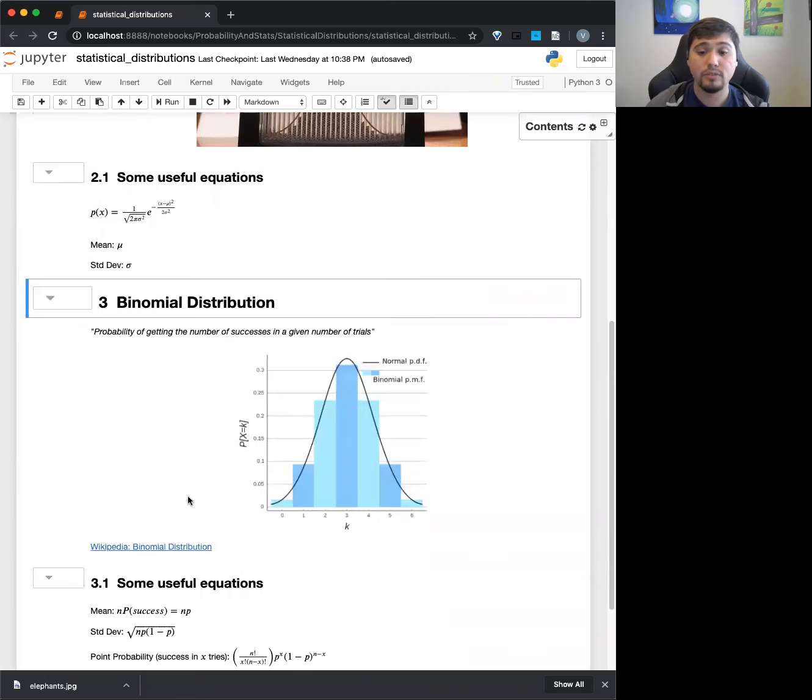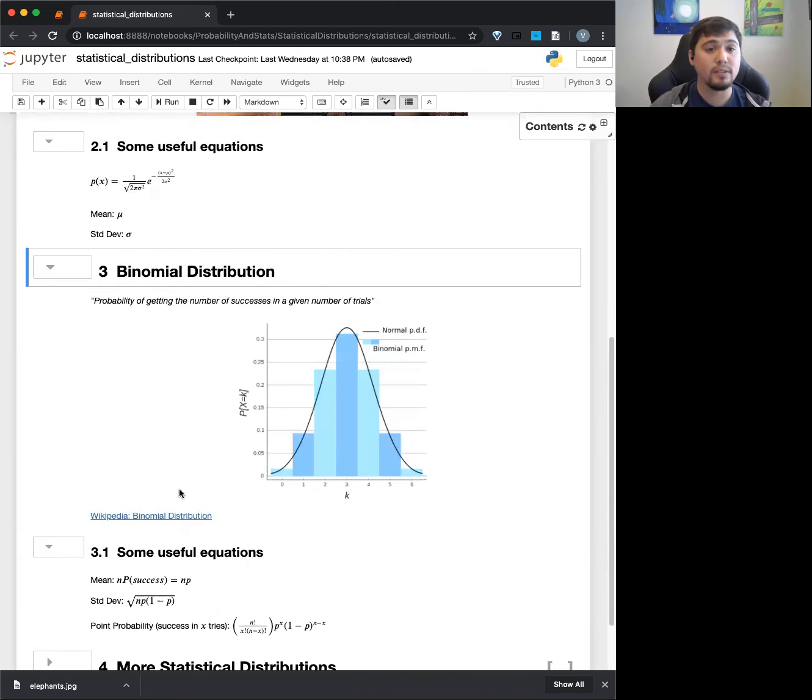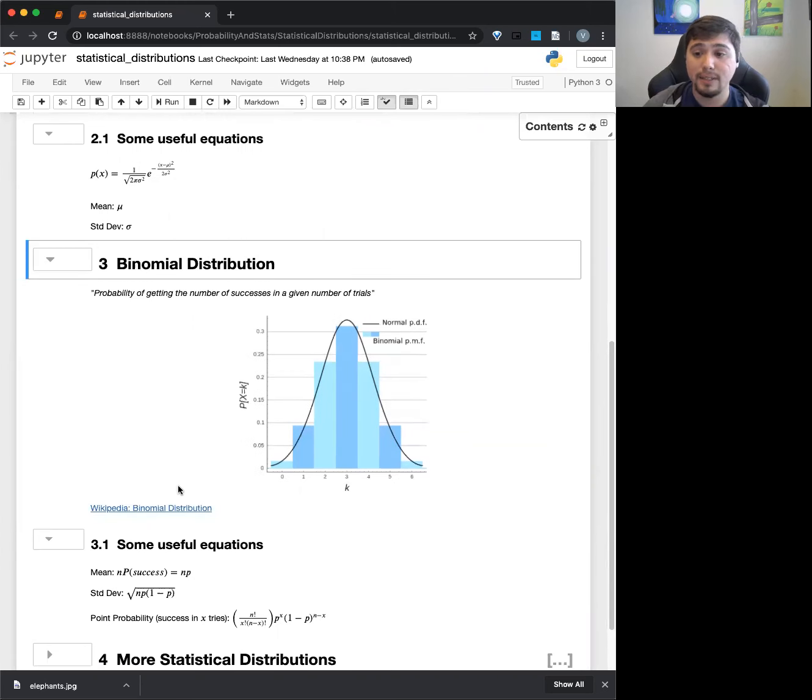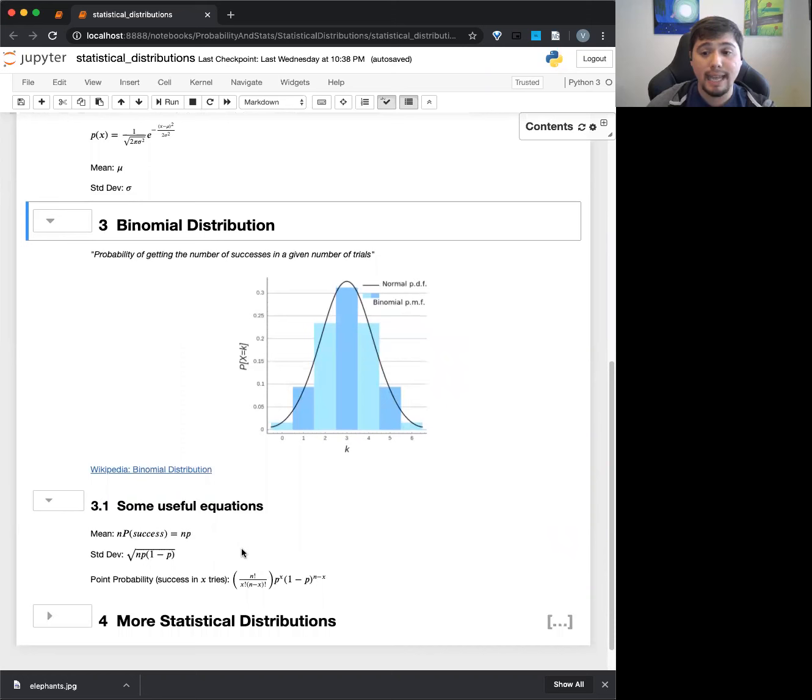The other part is the binomial distribution. This is also a very common one, and it's given in the curriculum as well. It's basically the probability of getting a number of successes in a given number of trials. Think of flipping a coin where heads is your success.